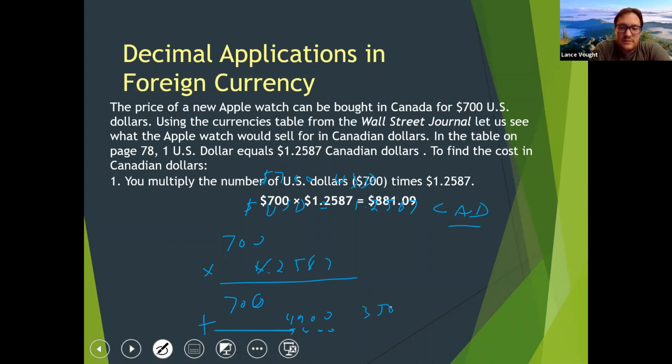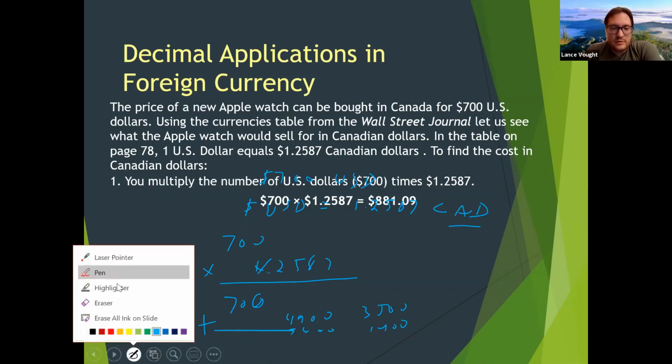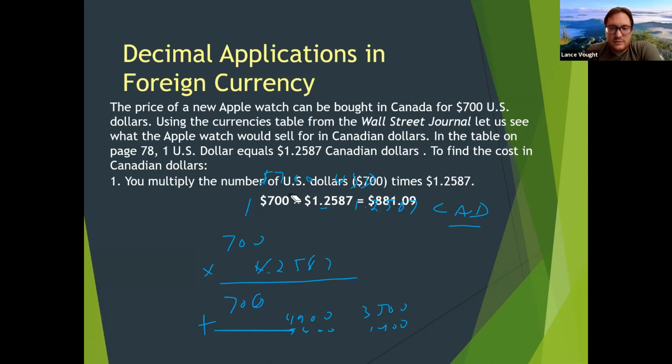You get 3,500, and you get 1,400. And when you add all that residual up, you end up with 181.09. And so you end up with that final answer.